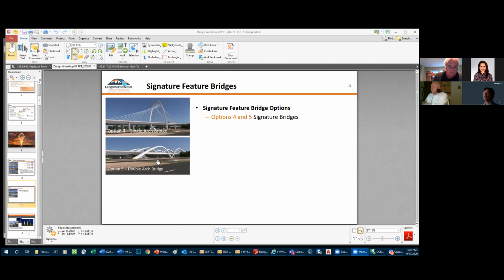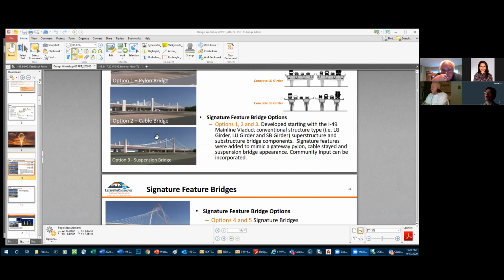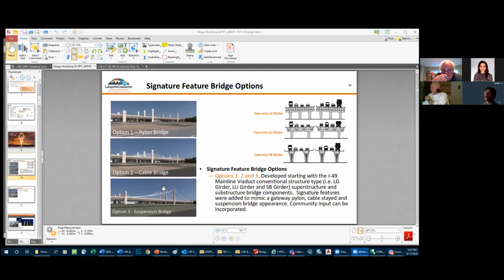So in terms of real space, option number 5 perhaps creates the most space among all the options. The next one is the single arch option, and options 1 through 3 tend to have more columns underneath because the viaduct, in essence, is still supported by the columns, which you can see depending on the type of girder we would pick for the viaduct.